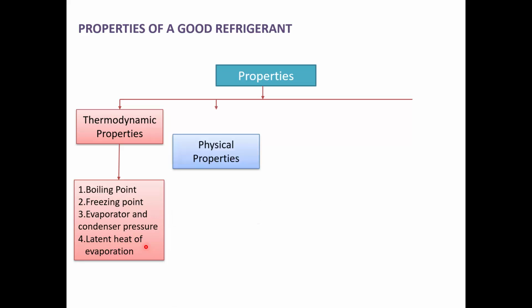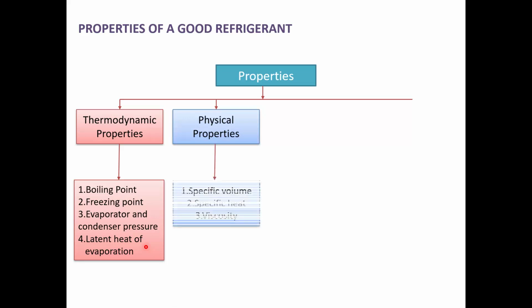Next, we will see the physical properties. Specific volume. The specific volume of the refrigerant must be very low. The lower specific volume of the refrigerant at the suction will reduce the size of the compressor. Second, specific heat.